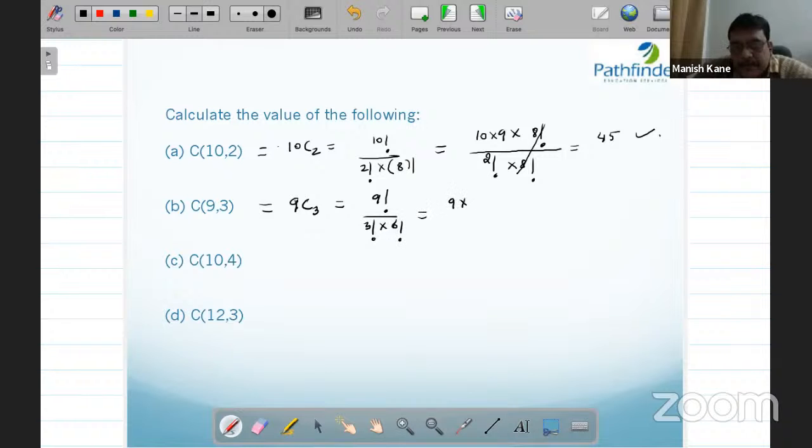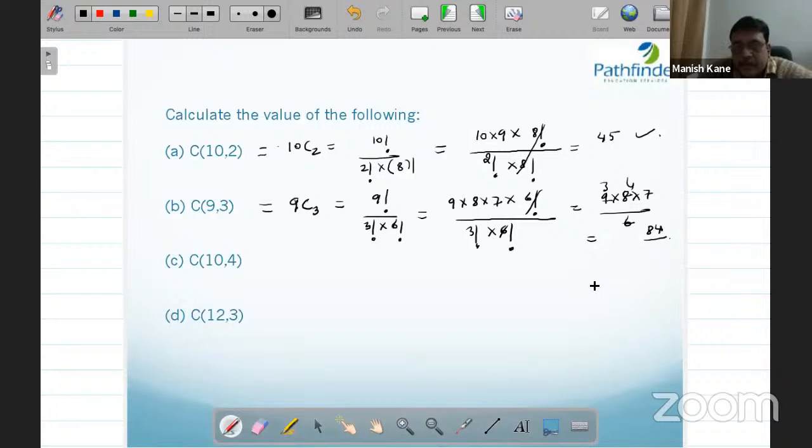This can be written as 9 into 8 into 7 into 6, 5, 4, 3, 2, 1, which is factorial 6, divided by factorial 3 into factorial 6. So I'll cancel this out. And what do you get? 9 into 8 into 7 upon 6, right? 3, 4, 12 sevens are 84 is your answer.